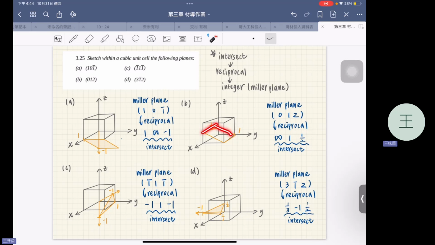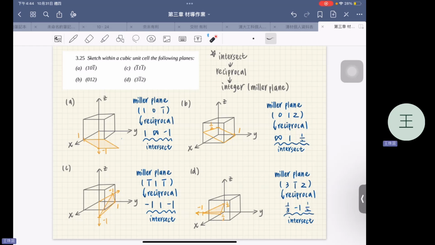So it is this plane. Okay, for question C, the middle plane is -1, 1, -1. So we also do the reciprocal and get -1, 1, -1. So these are the intercepts. So -1 for the x-axis and 1 for the y-axis, -1 for the z-axis. So we can get this plane.